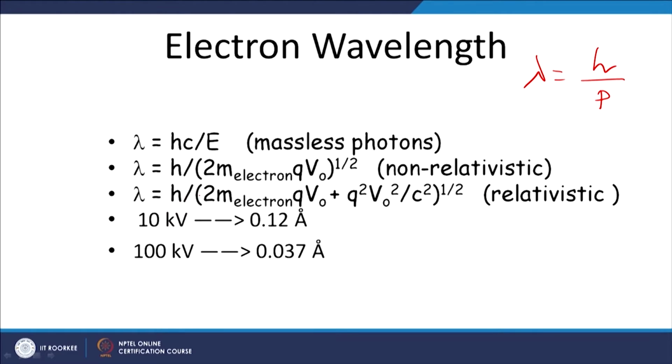So lambda is equal to h by [2 m q V0 plus q square V0 square by c square] to the power half. Now, 10 kilovolt corresponds to 0.12 angstrom, and 100 kilovolt corresponds to 0.037 angstrom. So, depending upon the resolution we are looking for, we use that kind of excitation potential for the electron beam. Now, imaging needs contrast.